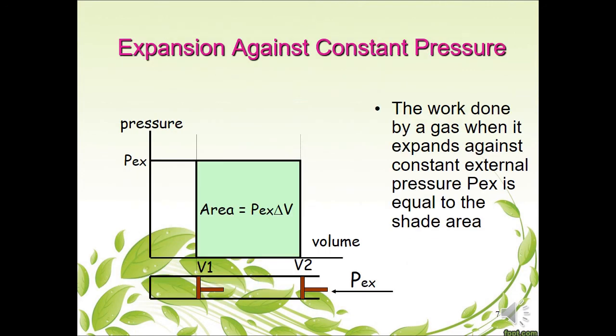Now let us look at expansion against constant pressure. So this is constant pressure here, and work is done by a gas. You have gas in this piston here, and it expands. This is the original position, then you expand to V2.